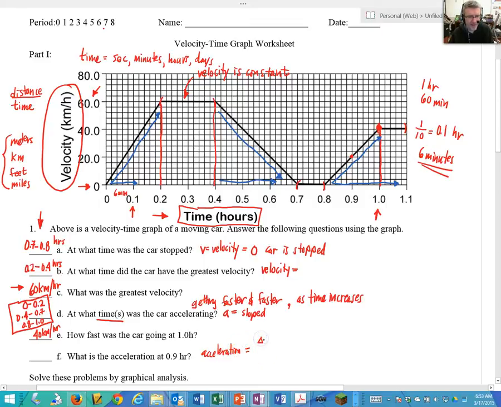So its acceleration is actually a change in velocity divided by a change in time. And hopefully the little change in triangle is not confusing to you. But change in time means you take a final velocity minus initial velocity and divide it by final time minus initial time.